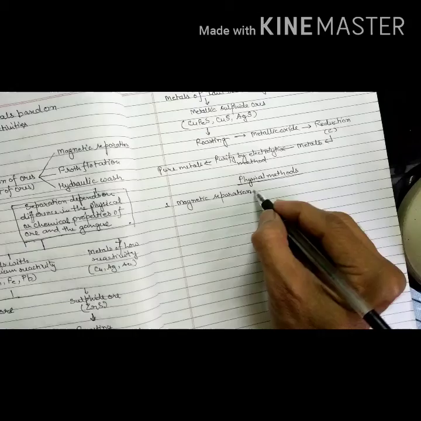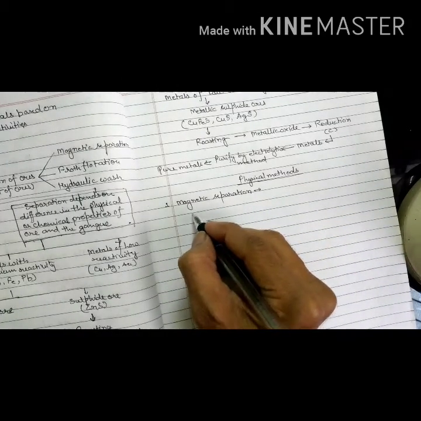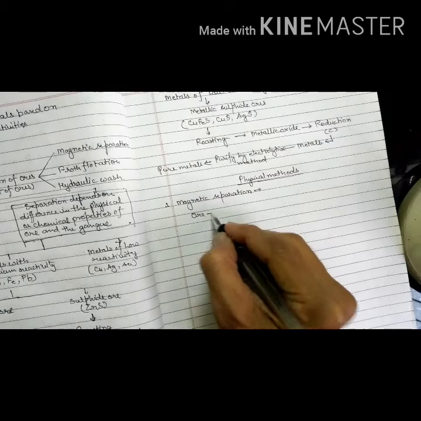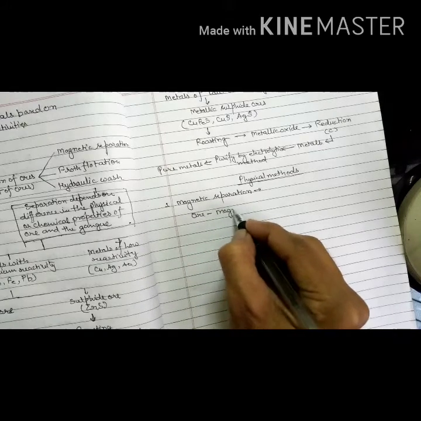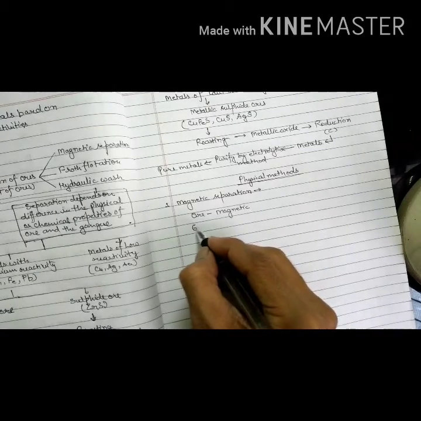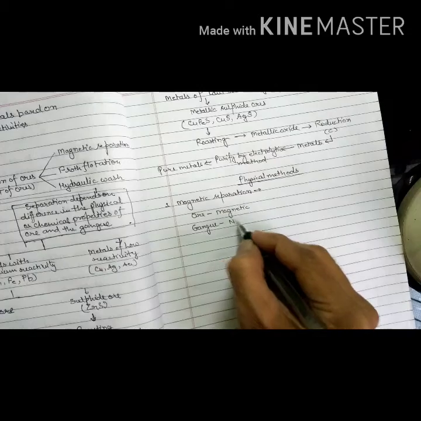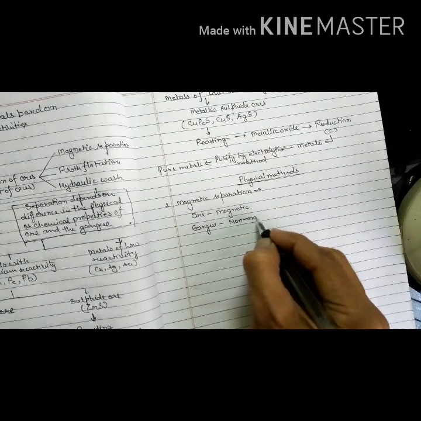So in this method, ore should be magnetic or gangue should be non-magnetic.